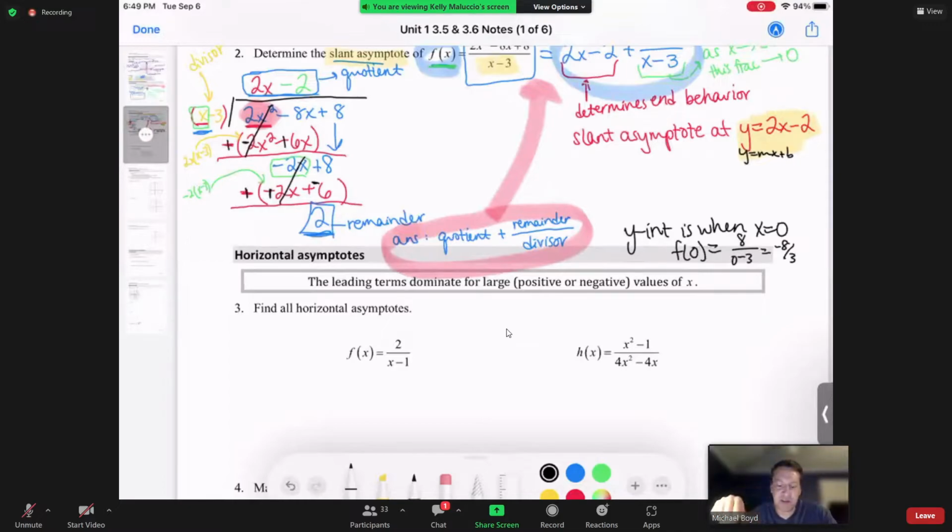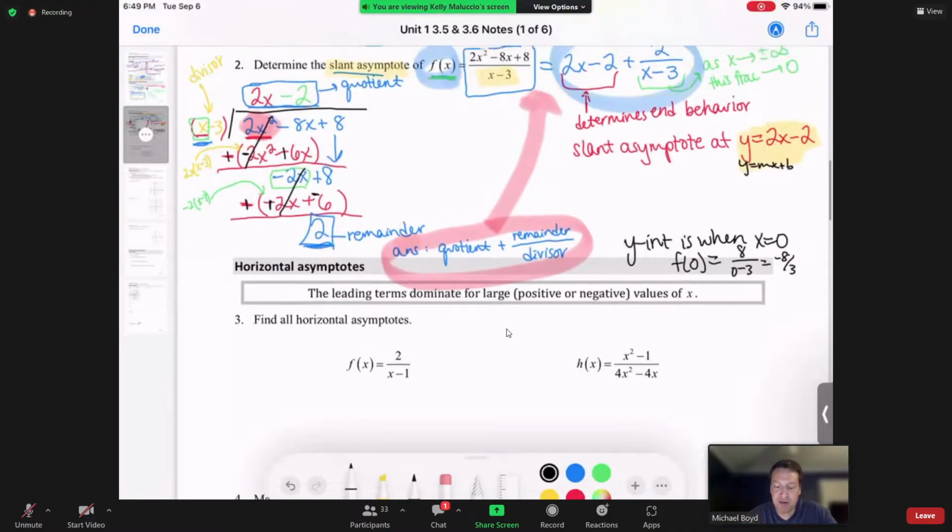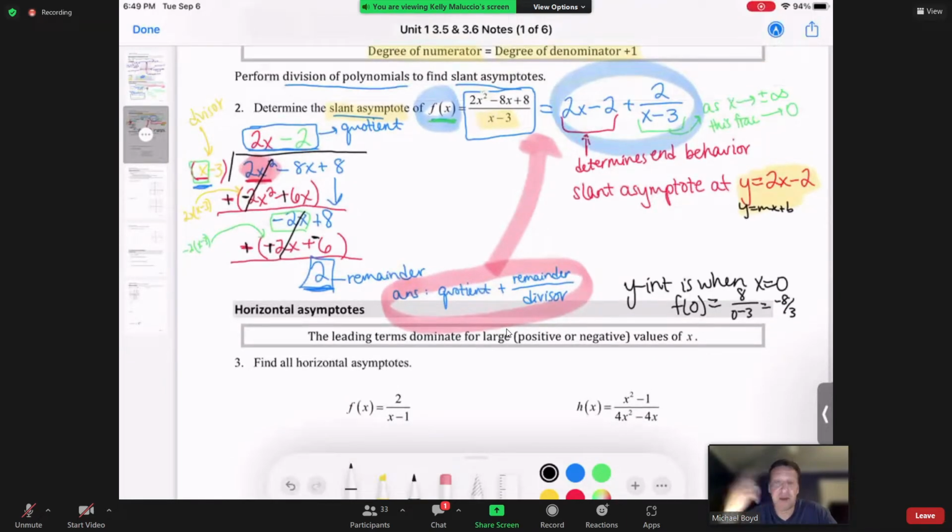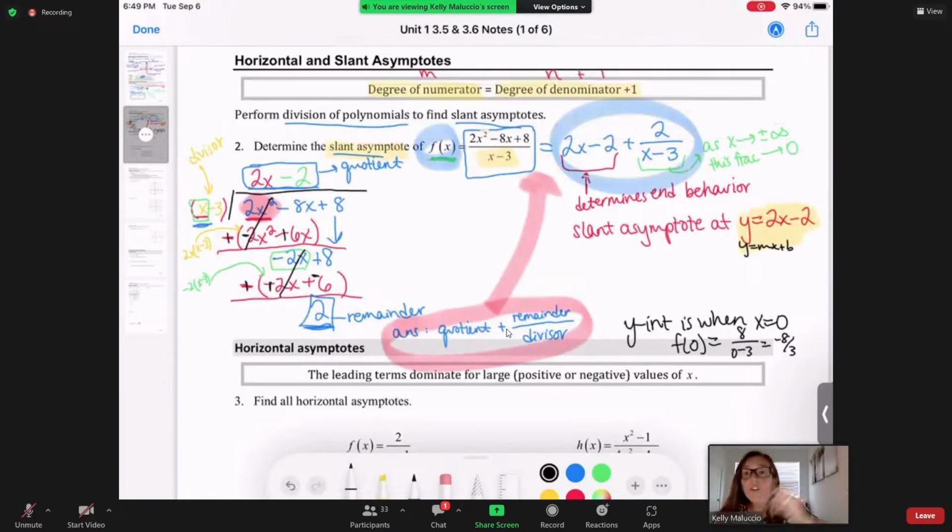And that depends on the point that was made at the beginning about the degree of the numerator being equal to the degree of the denominator plus 1. So the reason we have a slant asymptote, like I said, is exactly because the degree of the numerator is 1 higher than that of the denominator. Yeah. Thank you. Cool.